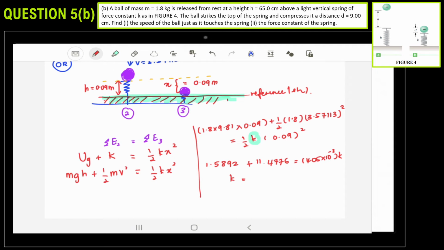Therefore k is equal to, okay, 1.5892 plus 11.4776. Okay, divide by 4.05 times 10 power of negative 3. Okay, so I got 3226.4 Newton per meter.